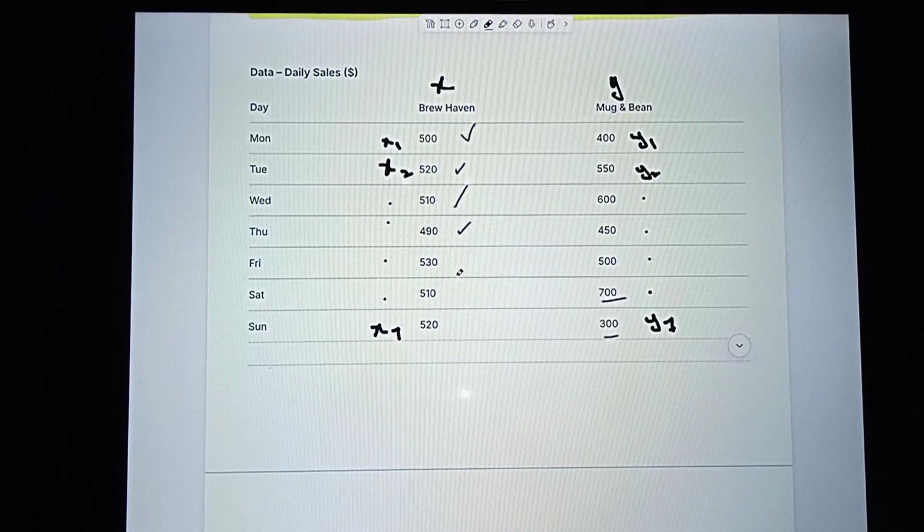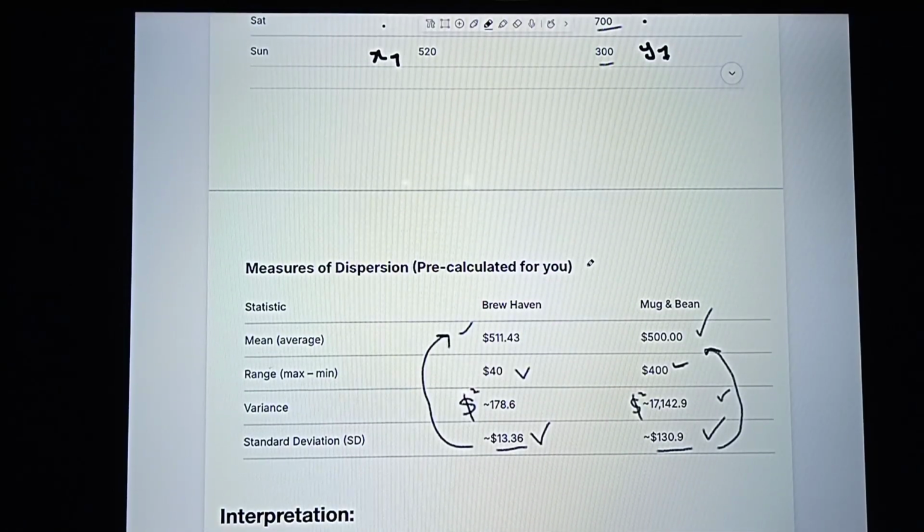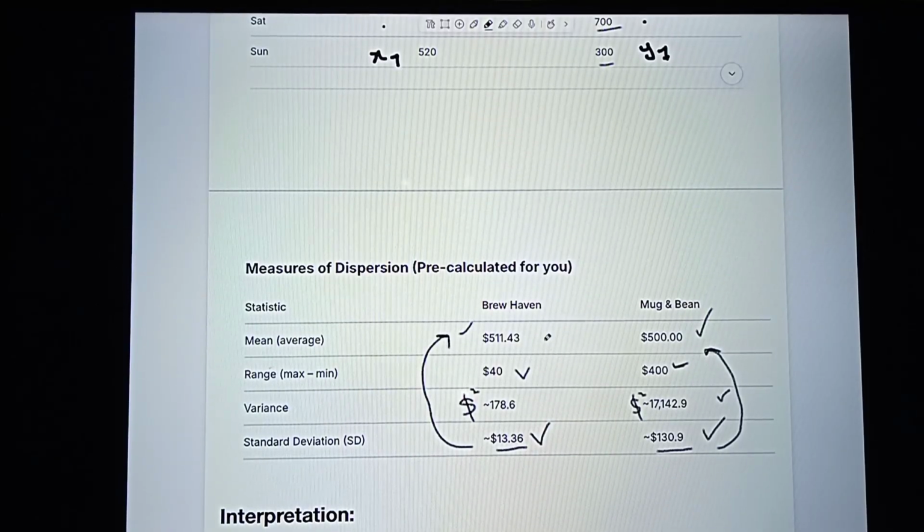So we can say that Mug and Bean is at high risk, because the average sales, that is the mean, may be similar to Breve Haven's.